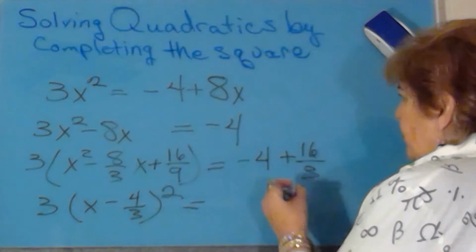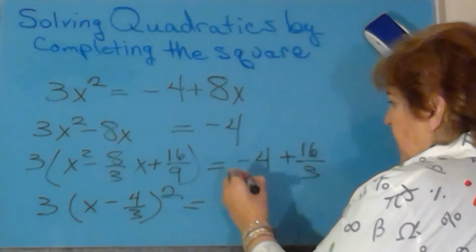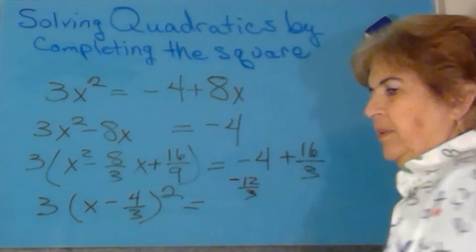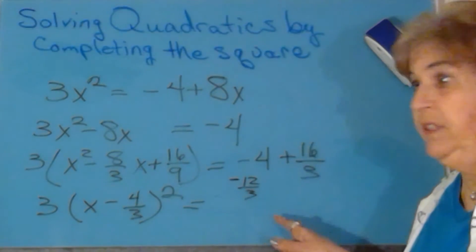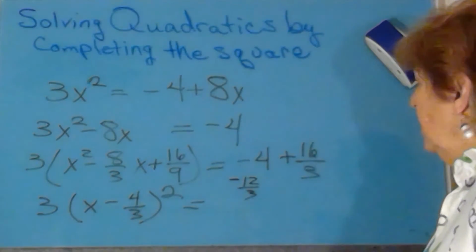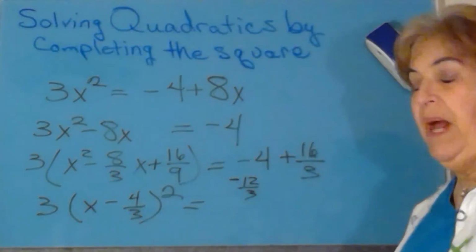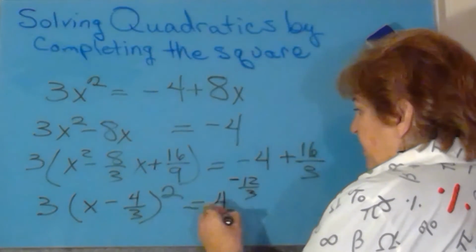Multiply 4 times 3 over 3. 4 is the same as, but it's a negative, that's the same as a negative 12/3. What's negative 12/3? It's the same as negative 4. When I combine those, that gives me a positive 4/3. That's what I have on this side.